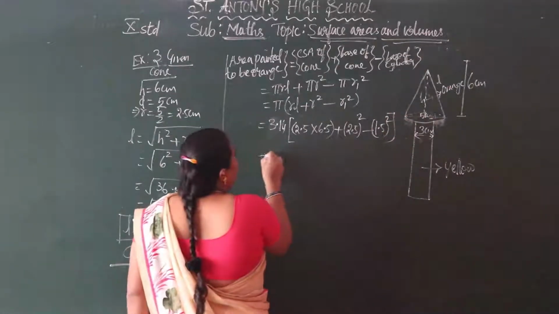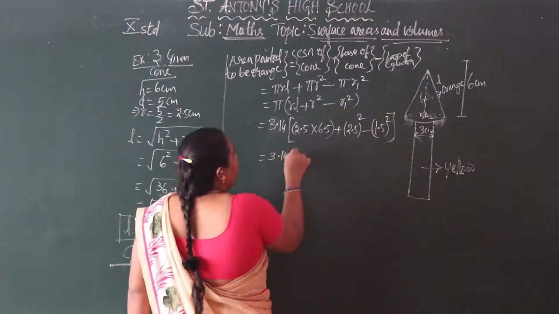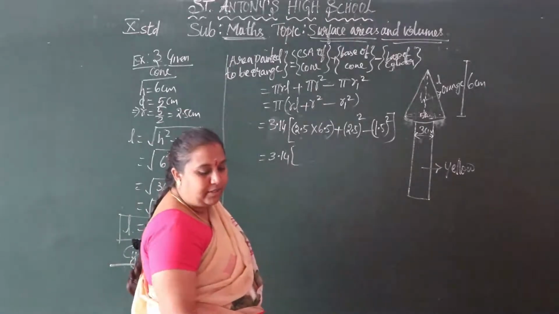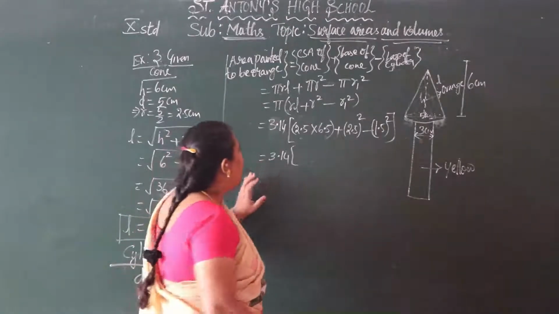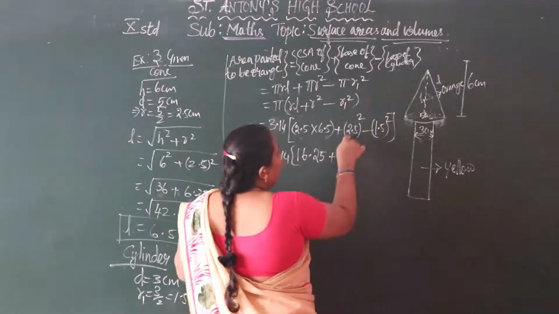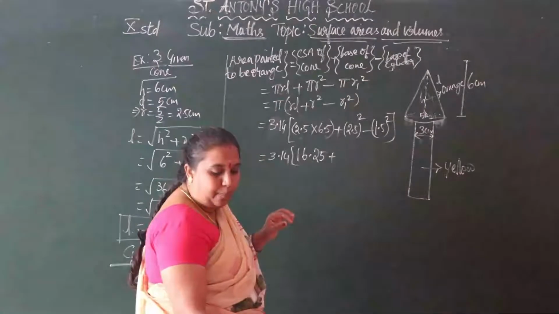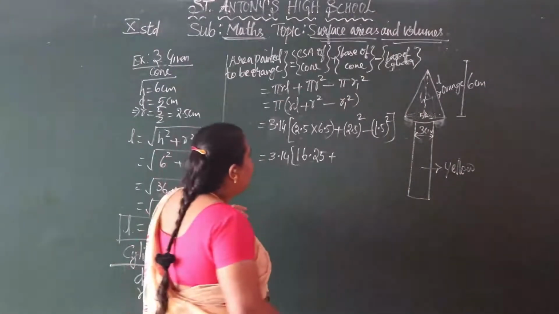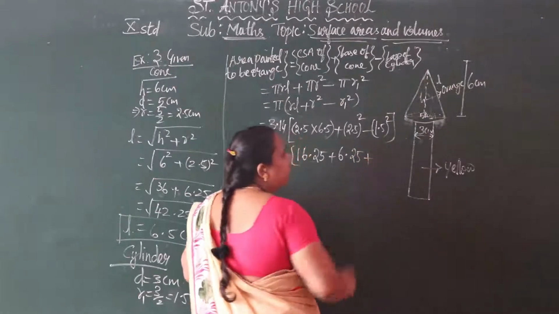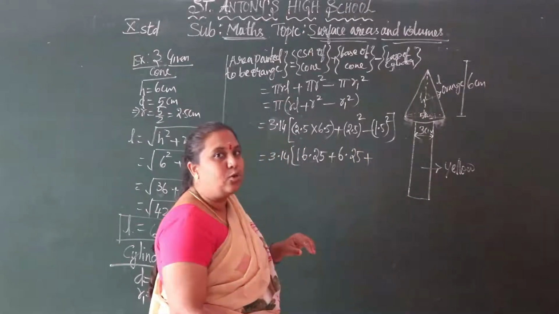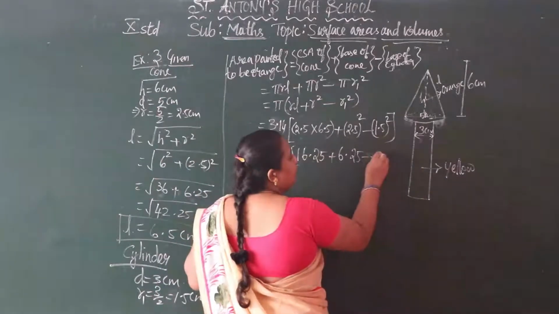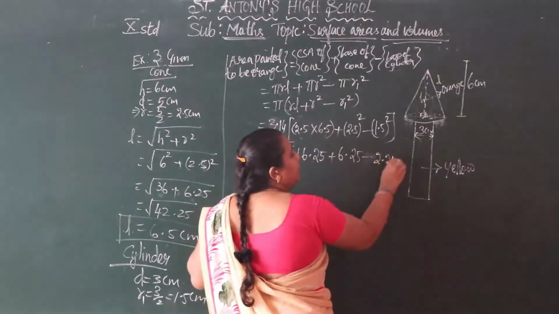Now we have to find 3.14 into 2.5 into 6.5, that is 16.25, plus 2.5 square. What is 2.5 square? 6.25. 6.25 minus 1.5 square, sorry, minus here. 1.5 square is 2.25, so minus 2.25.